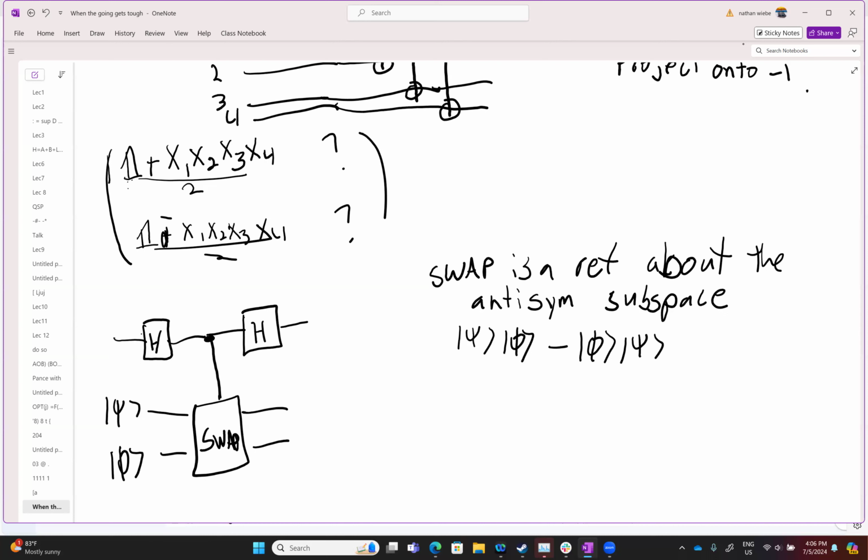So the swap operation really is a reflection that's exactly of the same form.